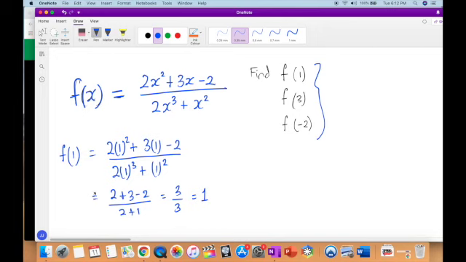Right? Remember f of x is really y. So we could say here that when x is 1, y or f of x ends up being 1. So the f of 1 equals 1. Nice.